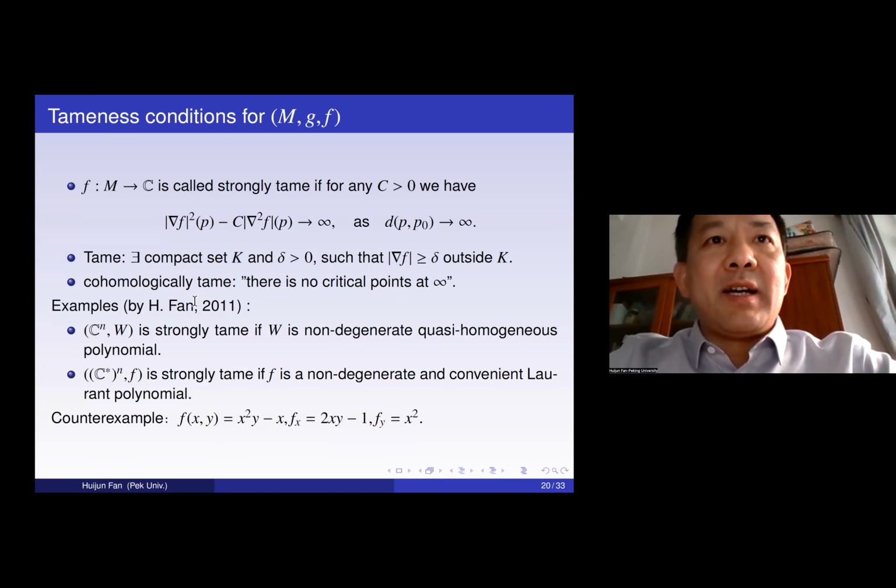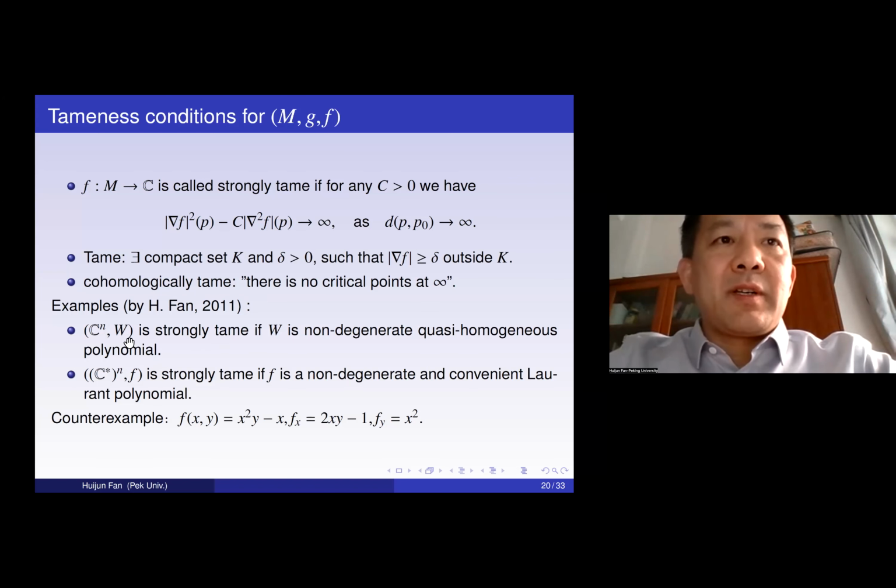This has a definition due to Sabbah in his paper of 2005, I think. They give an algebraic definition of the so-called cohomologically tame condition.